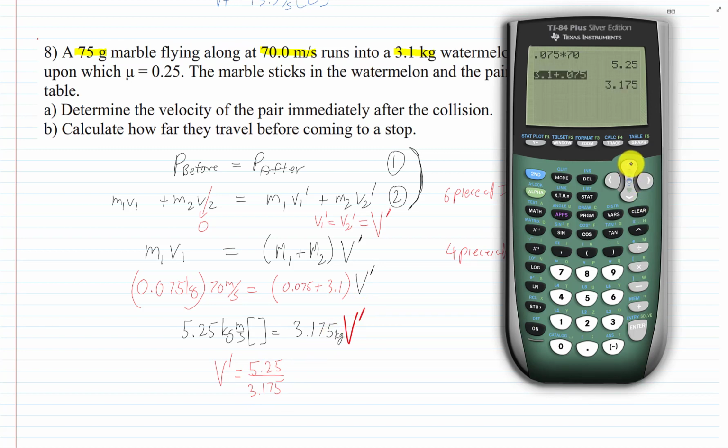We take that number divided by that number, and we get that the watermelon and the marble buried inside of it travel off at 1.654 meters per second, and whatever direction that was. So the direction that was in here is the direction that's going to be in here.